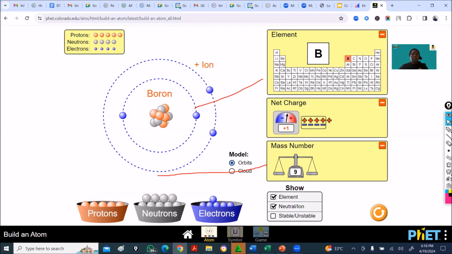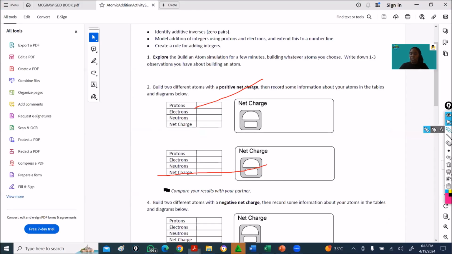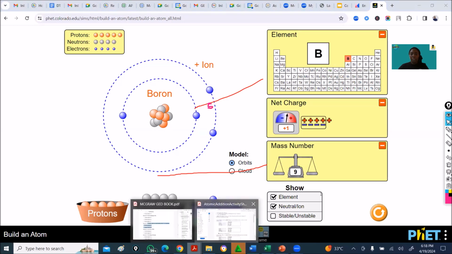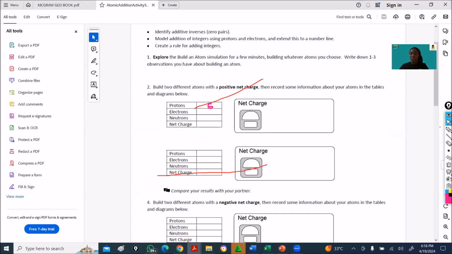All right. So here now I have how many proton? 1, 2, 3, 4, 5. So I come to my sheet. I write 5. How many electrons do I have? I have 4. I write 4.